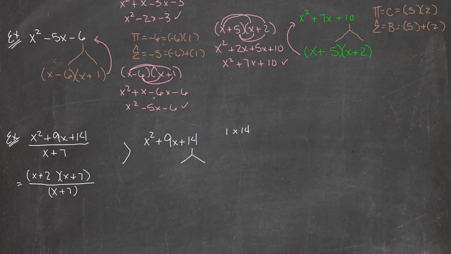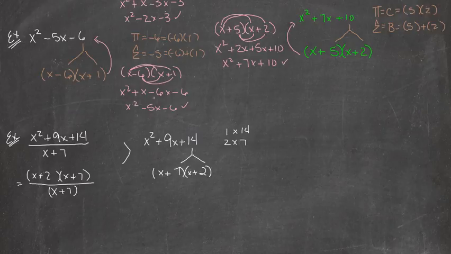Can you add or subtract with 14 and 1 to get 9? No. So the next one would be 2 times 7. Can you add or subtract with 2 and 7 to get 9? Sure, 2 plus 7, that one's done. 7 and 2, so x plus 7 and x plus 2 would be the factors. Look what I have here.